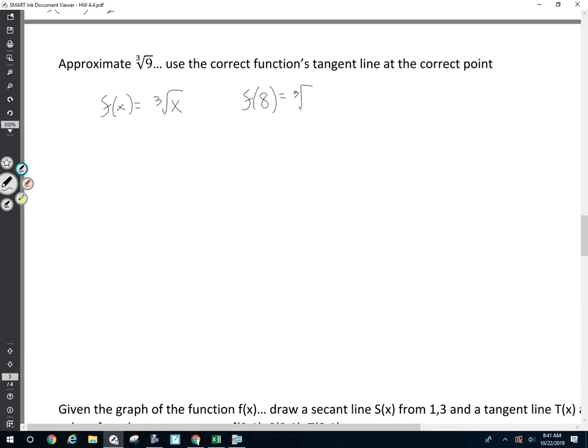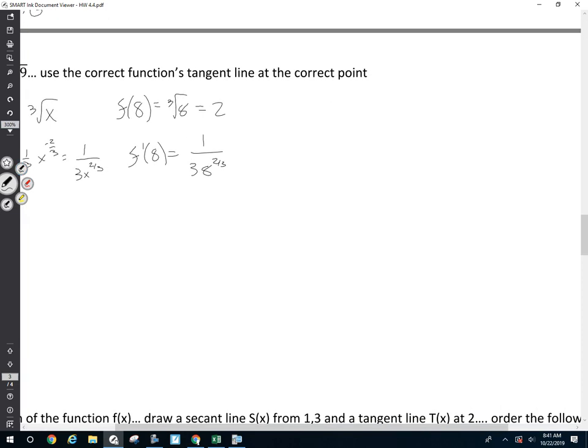The cubed root of 8 is 2. 2, 4, 8. So (8, 2). I need the tangent slope generator at that point. I have 1/3 x to the negative 2/3 as the tangent slope generator, 1 over 3 x to the 2/3. I need f prime of 8. That's 1 over 3 times 8 to the 2/3.